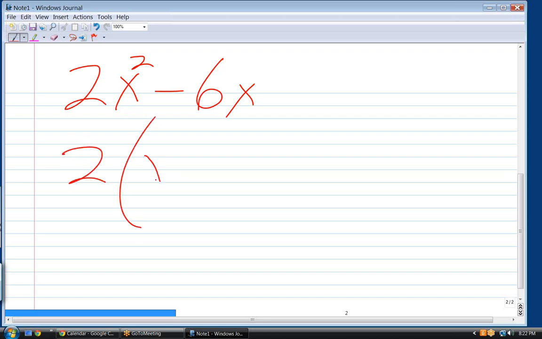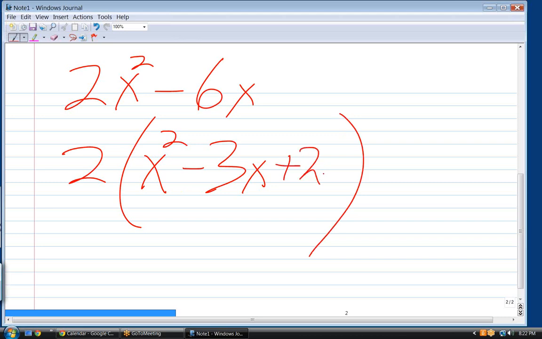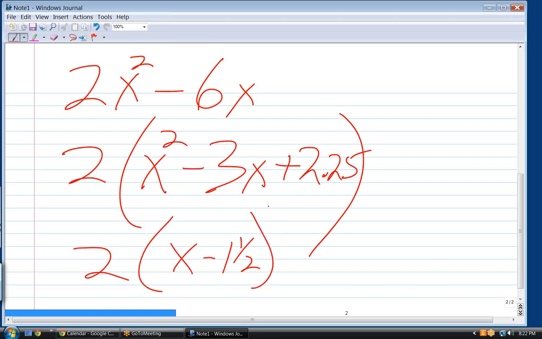In other words, this becomes this. And now I can complete the square on the inside if I want. I'd have to take half of 3, which is 1.5, square it, which is 2.25, and add it. Now I can write that whole thing as x minus 1.5 quantity squared.